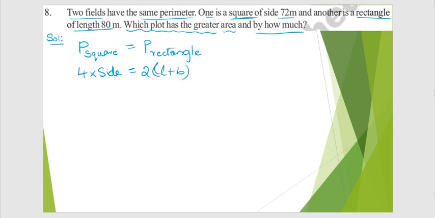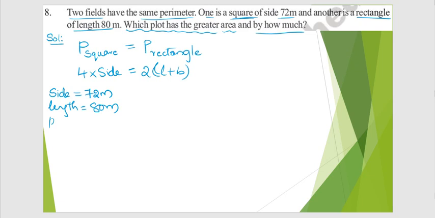From this, what are the things that are given? He has given that side is equal to 72 meters and length is equal to 80 meters.